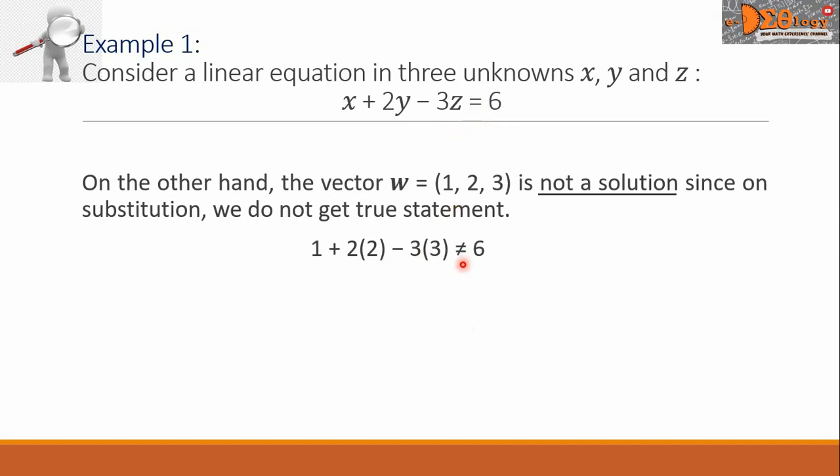But we write here not equal to 6 because this is 1 plus 2 times 2 is 4 minus 3 times 3 is 9. So this is 1 plus 4 minus 9 is equal to negative 4, which is not equal to 6.